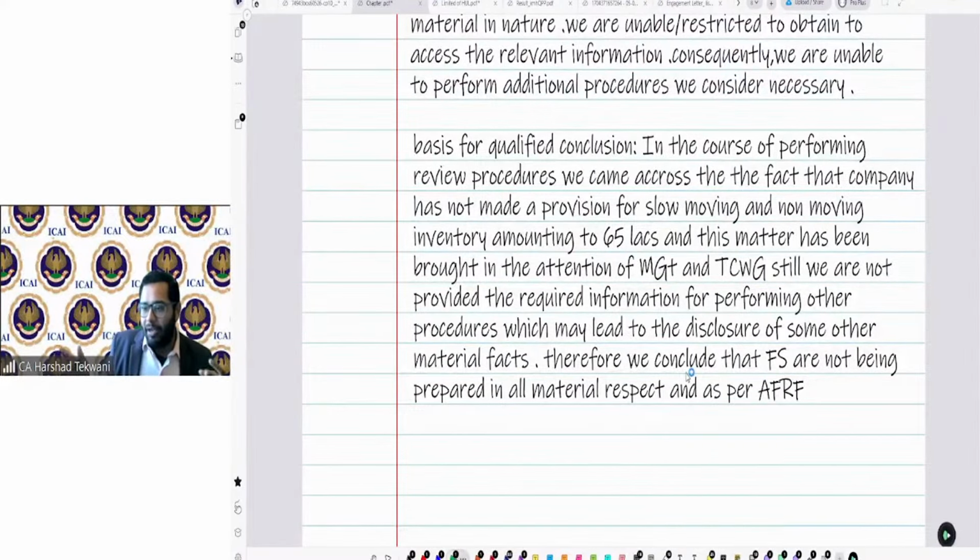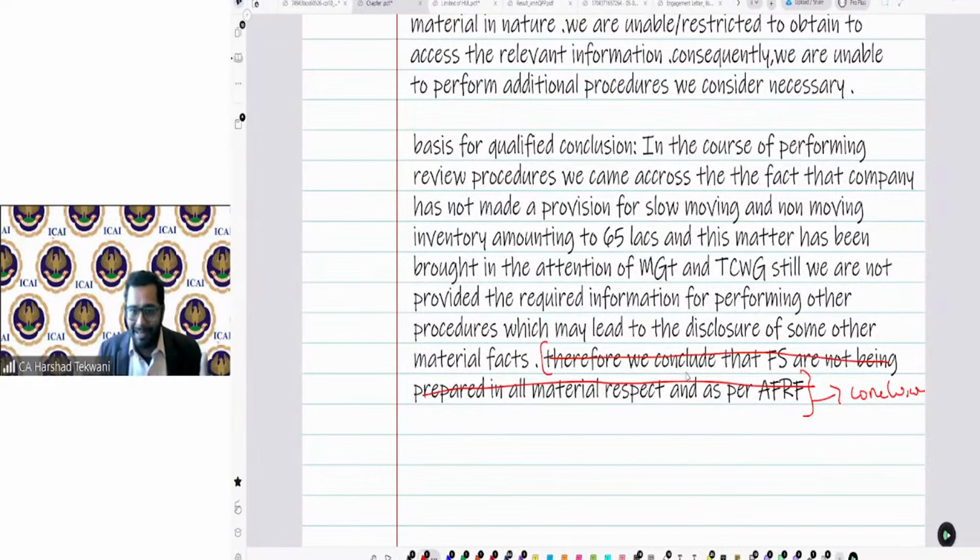No, whenever we write a basis for conclusion, we do not conclude in that. This particular line is a conclusion you are giving. Basis for conclusion only provides the basis, like why you are concluding that they are not prepared in all material respects. This should be part of your conclusion paragraph. Whatever conclusion you are giving, qualified or adverse, this should be part of your conclusion paragraph.